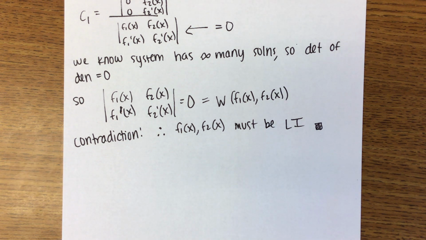Okay. Do we understand the idea of a proof by contradiction? Yes. Alex? Can you go back to the part where you showed that the system has infinitely many solutions? Yes. Maybe, if I can find it.